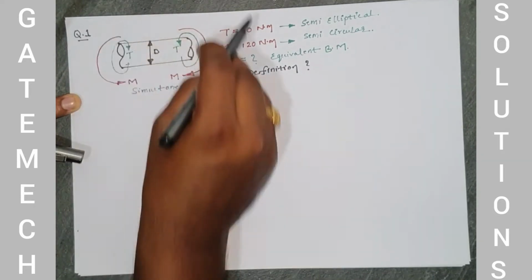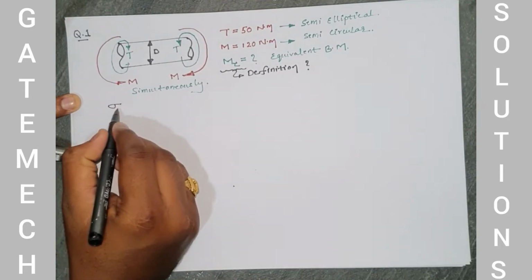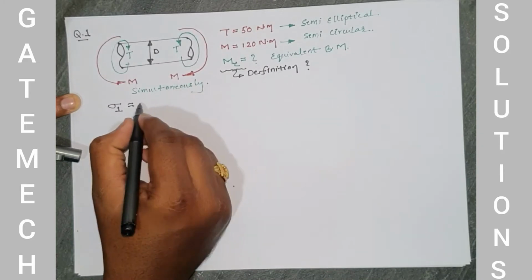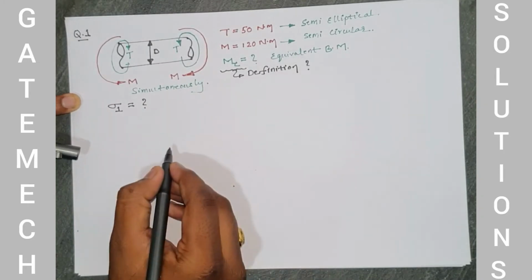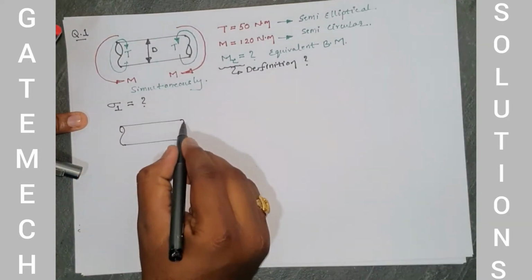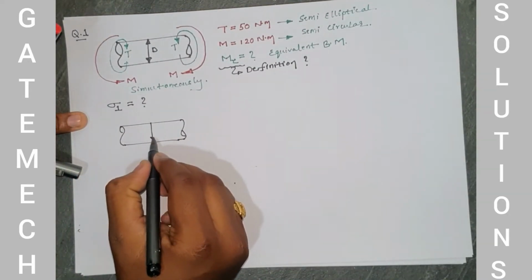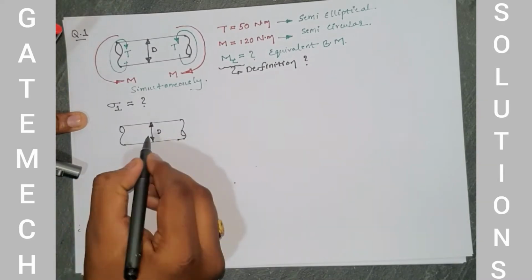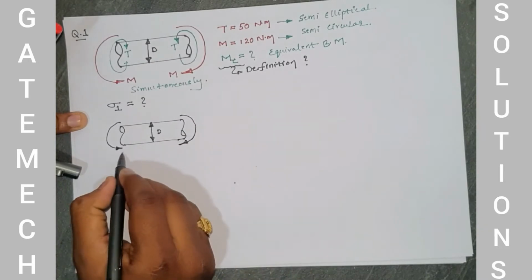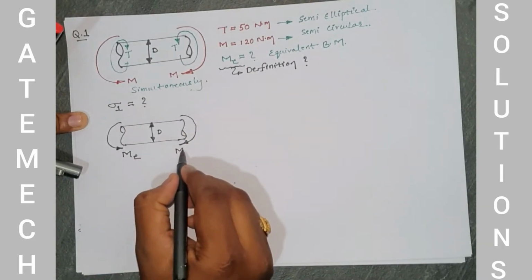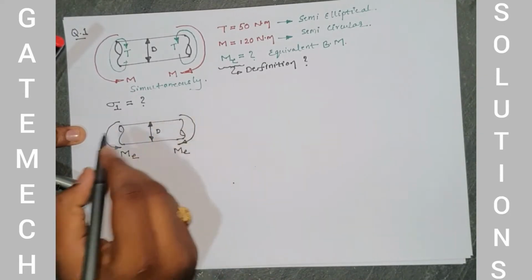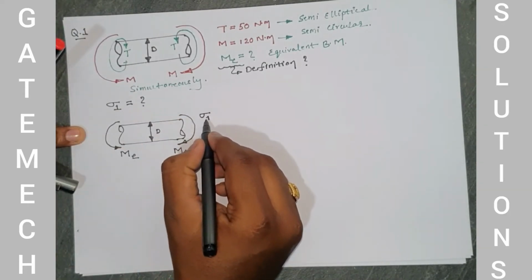Let us say, for this loading diagram, I calculated the principal stress. I got sigma 1, some magnitude. It's the same shaft I considered, with the diameter D. But for this shaft, it is only subjected to a bending moment with a magnitude of Me, such that because of this bending moment alone, the shaft should be subjected to the same major principal stress.